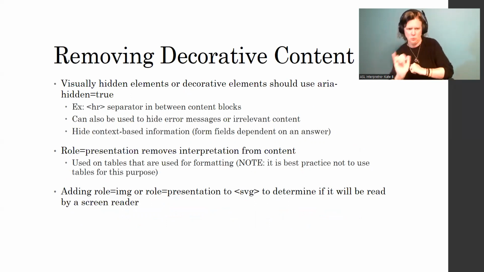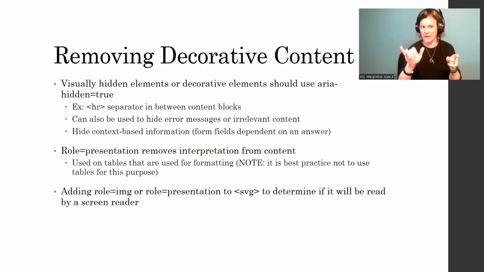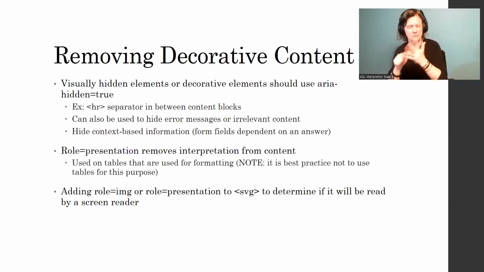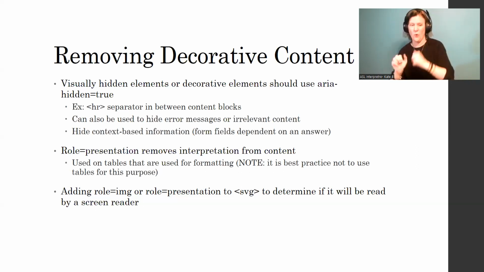The most common way to do this is ARIA hidden equals true. ARIA hidden is a binary, or a Boolean. It has to use either true or false. It's different from the labels and such where it's using actual text. And what this does is cause a screen reader to skip that element. So anything you don't want a screen reader to be reading at any time should use ARIA hidden equals true.